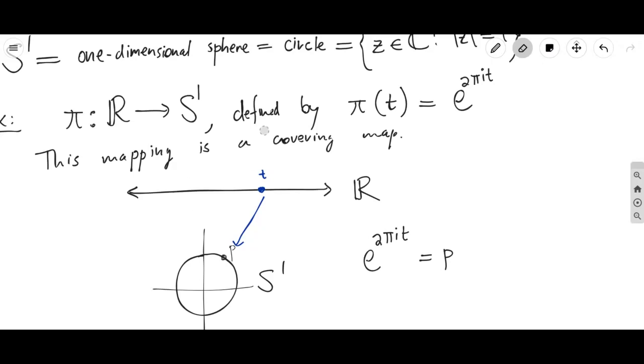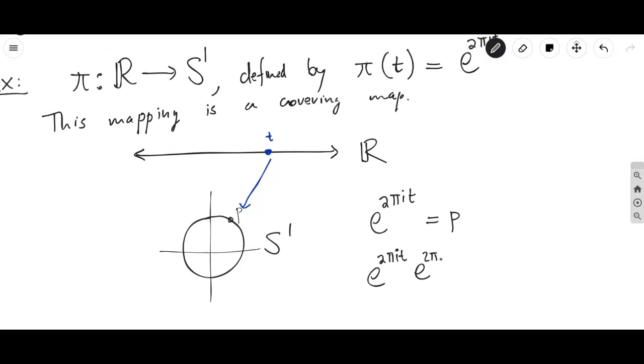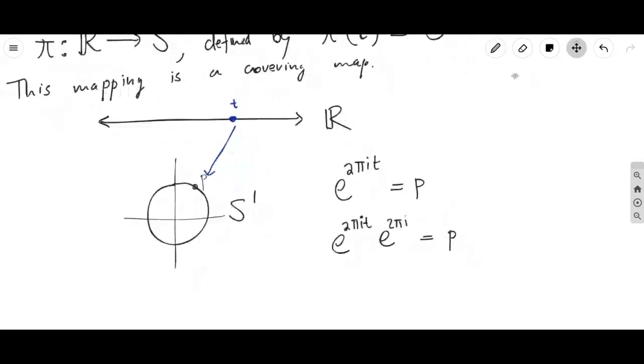We're showing that this is a surjective mapping. So t is being mapped to p. Then look what happens if you add 2 pi i to the exponent. That will give you p again. The reason is that by Euler's identity, this is cosine 2 pi plus i sine 2 pi, so that's 1 and that's 0.